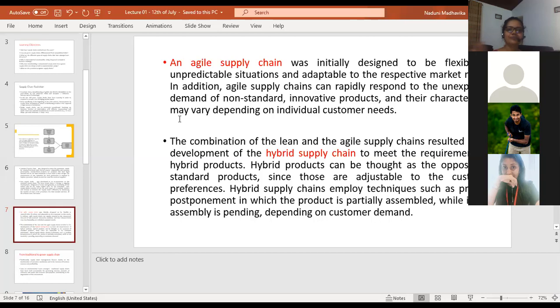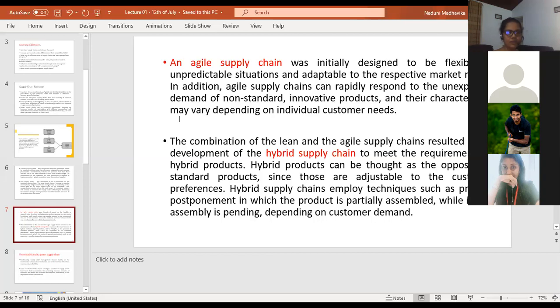Okay, so in an agile supply chain, basically in this sort of supply chain they are very flexible, as one of your friends mentioned. They are in a position to face an unpredictable situation like maybe tsunami, maybe COVID situation.